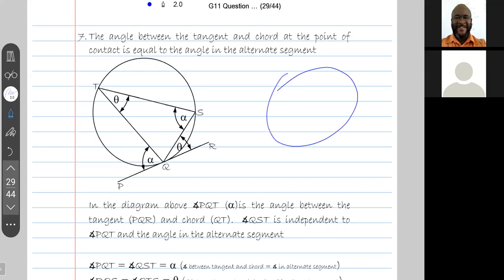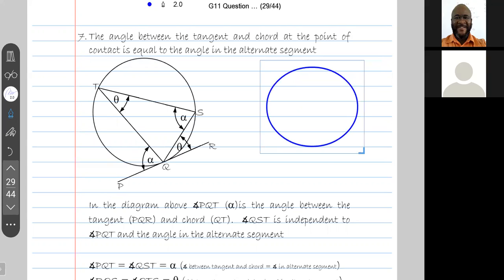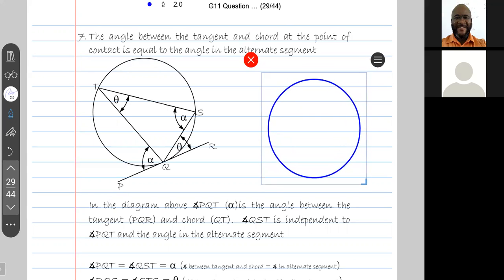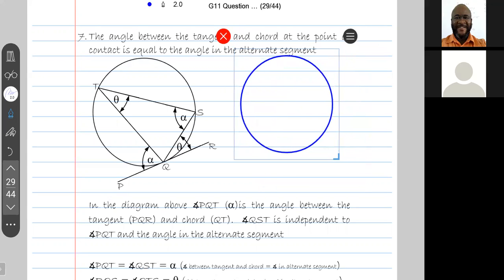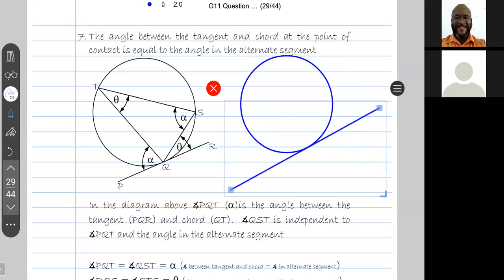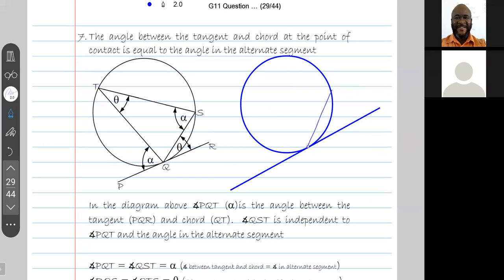This is my circle. Let us say that this is my center. Well, the center is not important. All right, a straight line drawn that touches it. This is my tangent. This is the point of contact. Now, this line here is a chord.